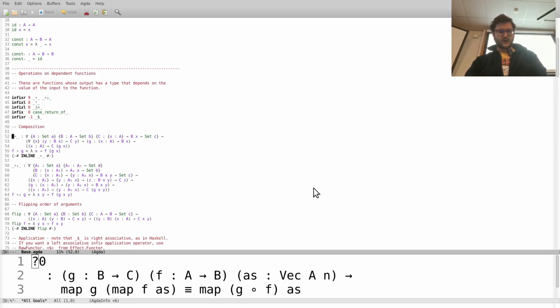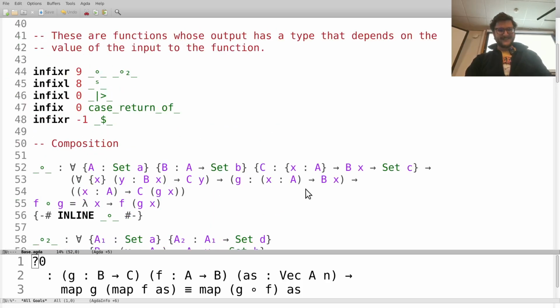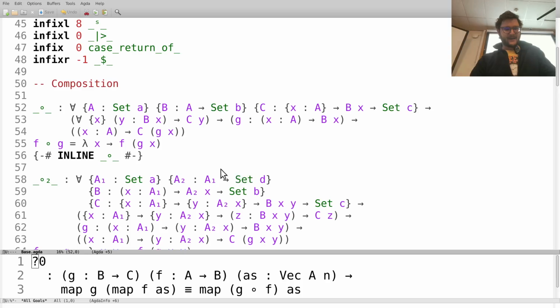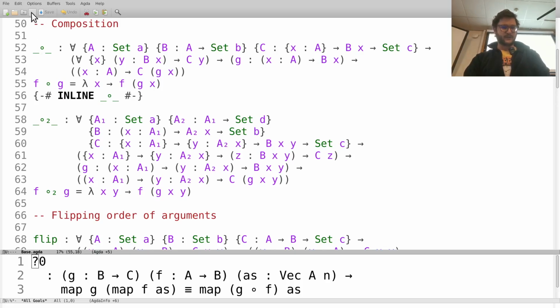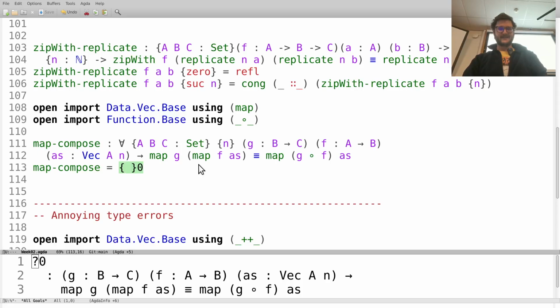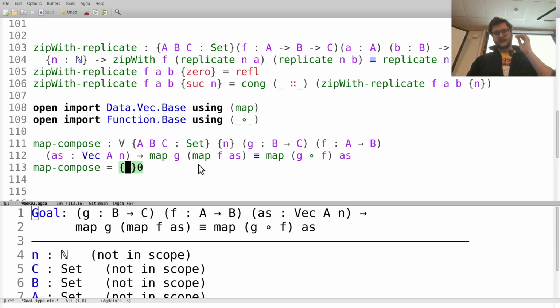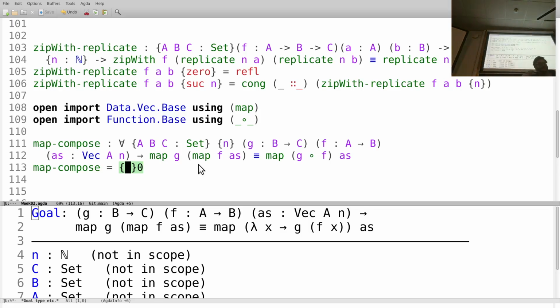If you're composing F and G, it just means that for any input, you're returning F of G of that input. So usual composition. For reasons to be as general as possible, it has a very gnarly type. But if we normalize, we can see that this is the usual composition we're used to.